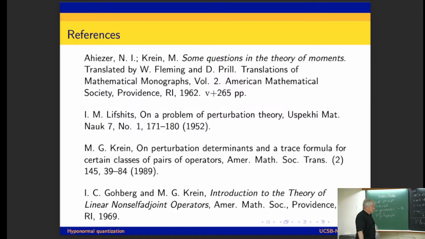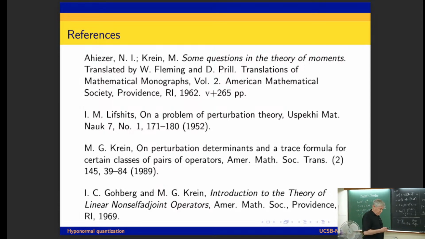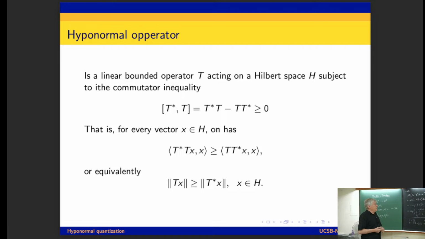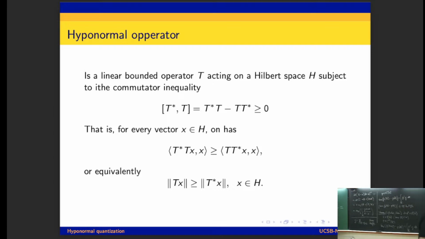So this is 1D. We move to 2D. And I'll start with this rather artificial class of Hilbert space operators. So let me write on the blackboard a few things.